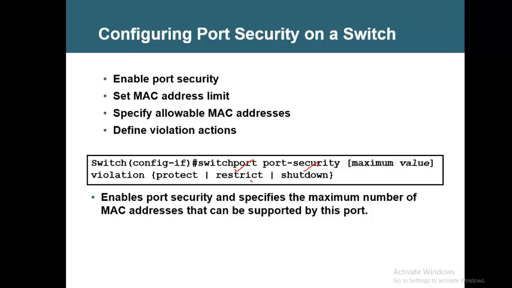Restrict: anyone who violates, meaning if you say 3 is the number of MAC addresses that can be learned, and you can also specify either using the sticky method or manually giving the 3 allowable MAC addresses, and a 4th MAC address which is not in the list comes, the violation action is going to be shutdown by default.